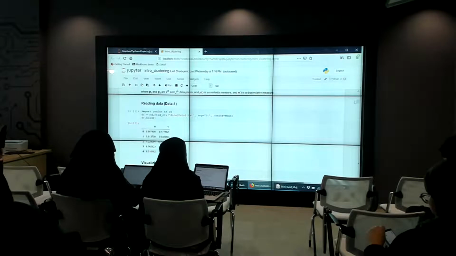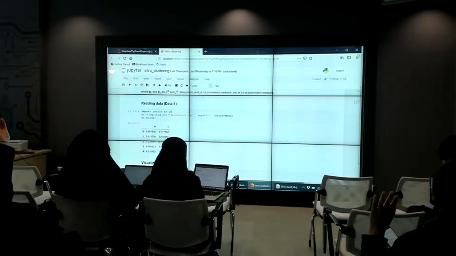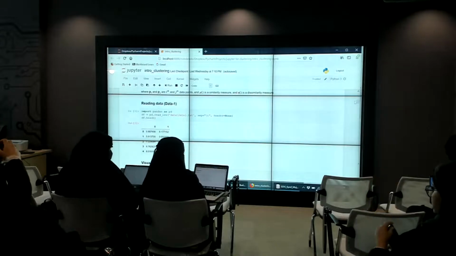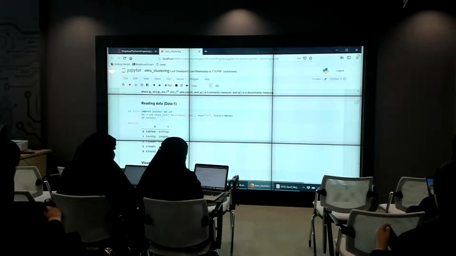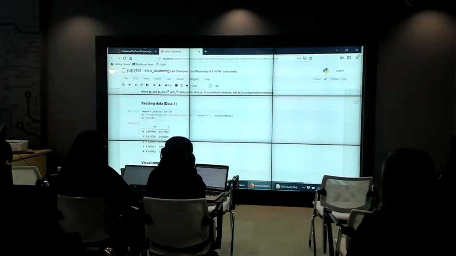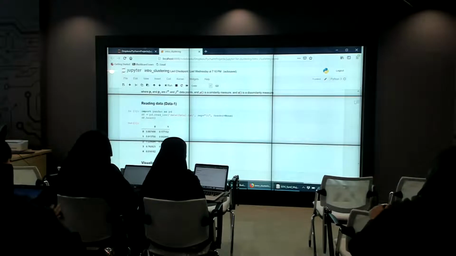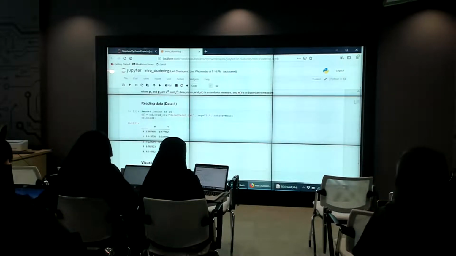Who here knows how to use Jupyter Notebooks? Who doesn't know how to use Colab, Google Colab or Jupyter Notebooks? If you do not know it, no problem, we'll get someone to teach you how to do it. But tell us if you struggle or have any issues, just let us know. Okay?